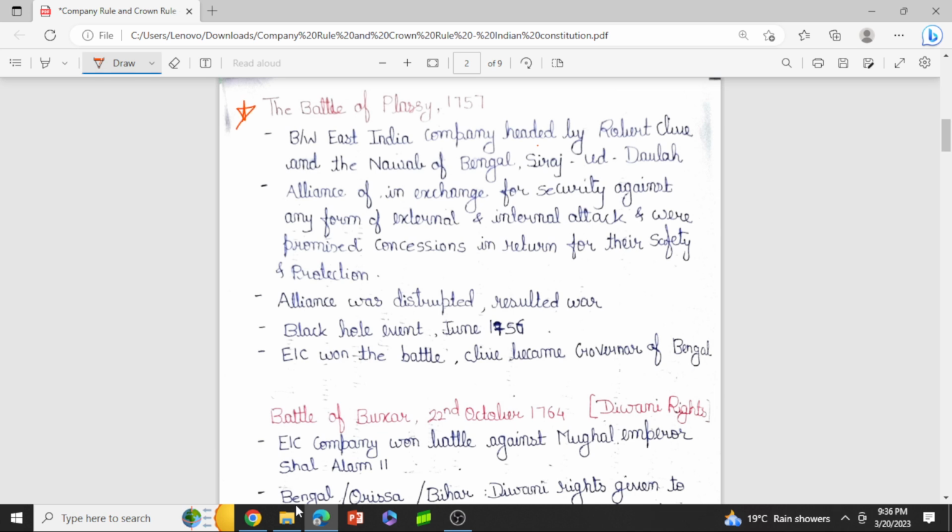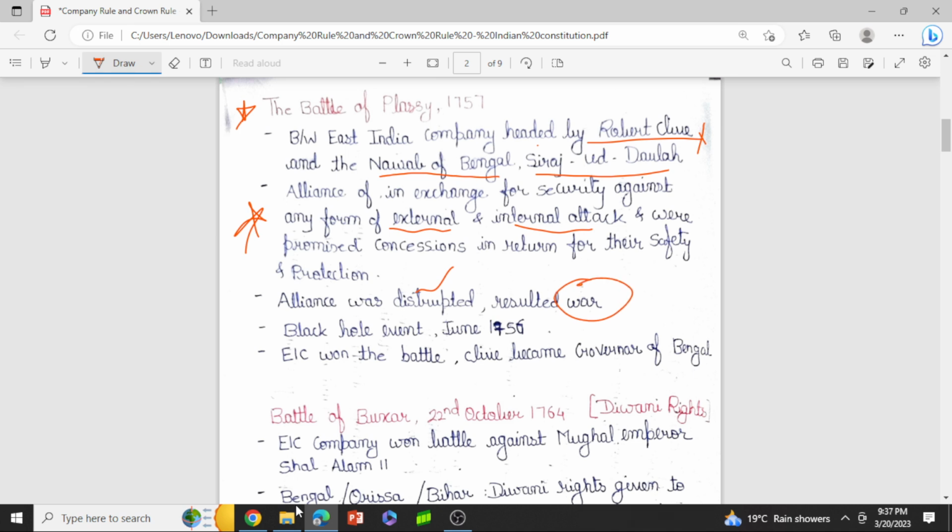This was between the East India Company headed by Robert Clive and the Nawab of Bengal, Siraj-ud-Dowla. There was an agreement between them that Siraj-ud-Dowla would provide security against external and internal attack, but this alliance was disrupted. As a result, there was a war.